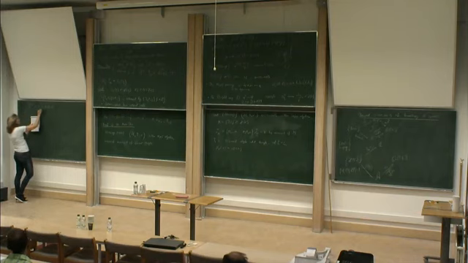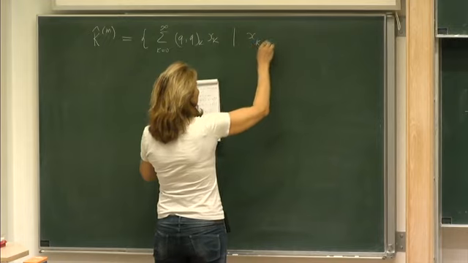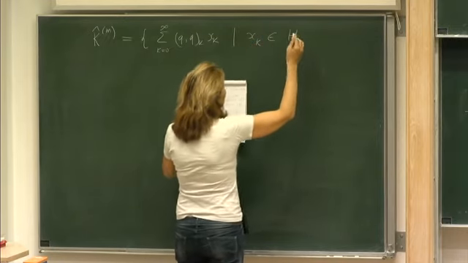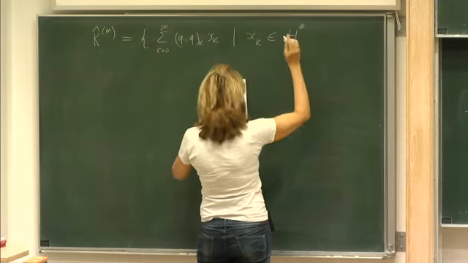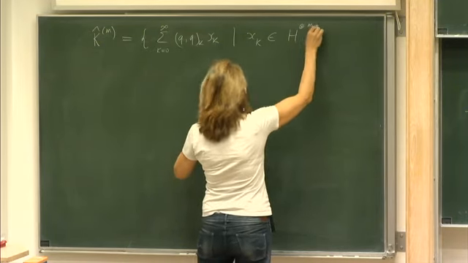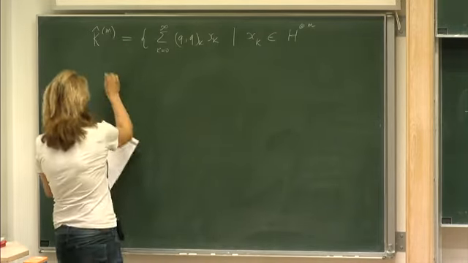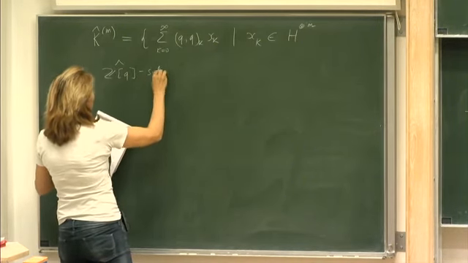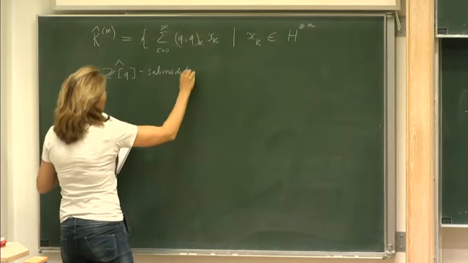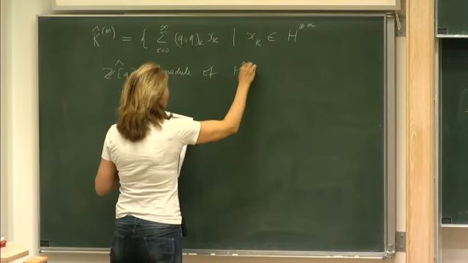So k is from 0 to infinity, and xk is an element in h to the power m. So this is a submodule, ZQ hat submodule of h to the power m.